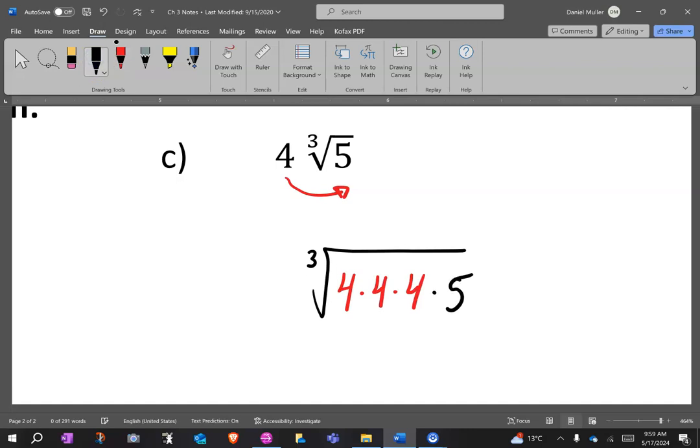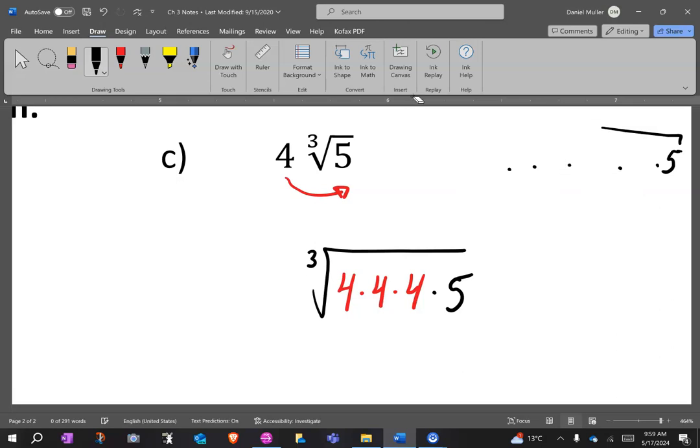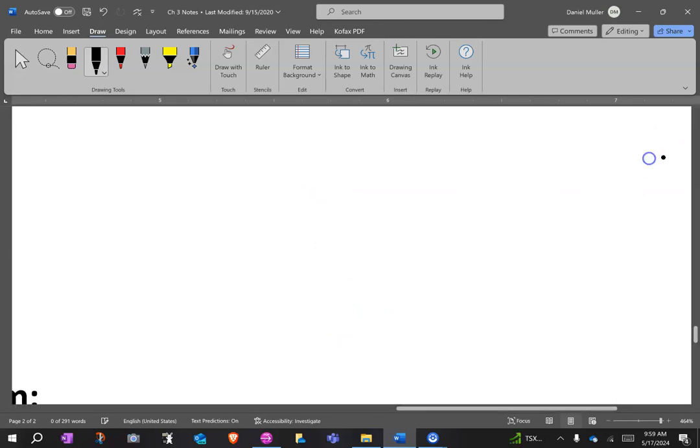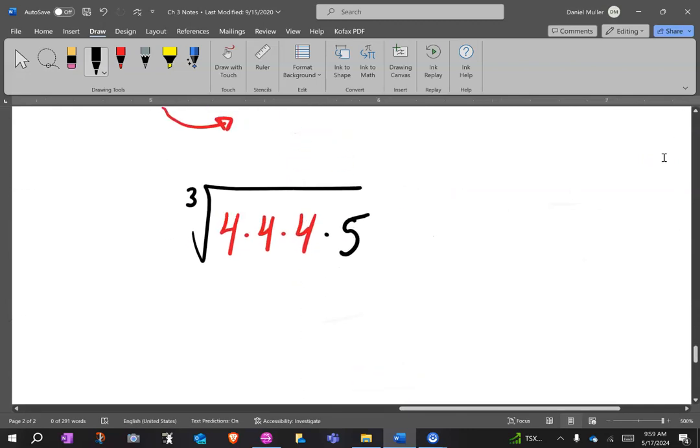Now, thinking about how we would have got a 4 to begin with, it would probably have been that there was a group of 2s that we brought out, and another group of 2s that we brought out to get 4, plus the additional 5 left over. That's probably how we would have done it, but working backwards here, the most efficient way would just be to bring in 4 3 times like I'm doing there.